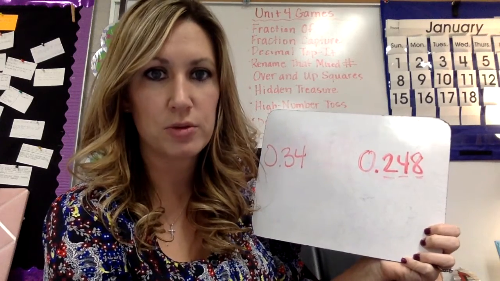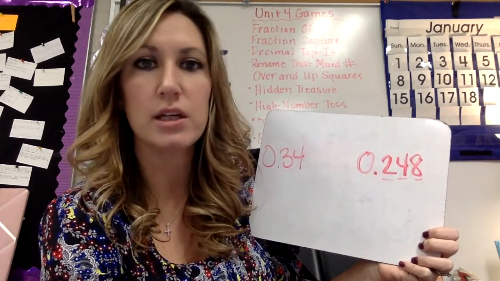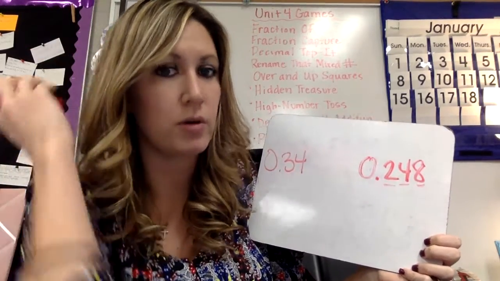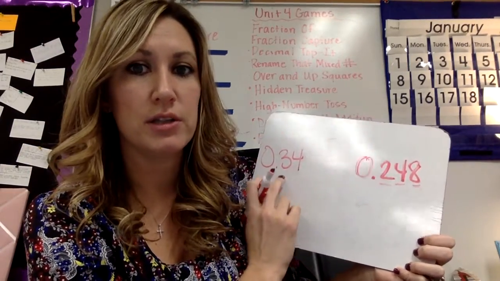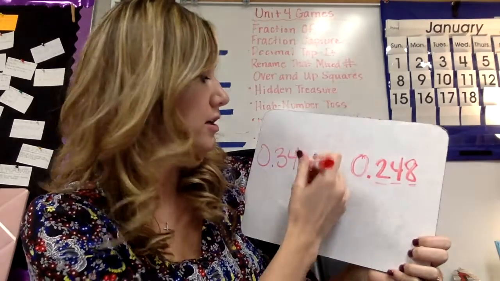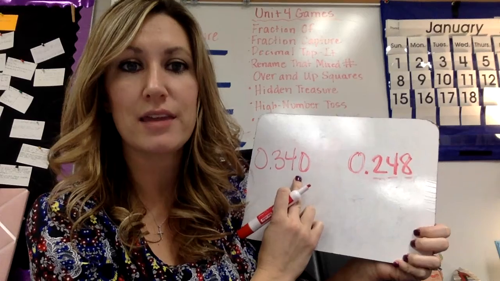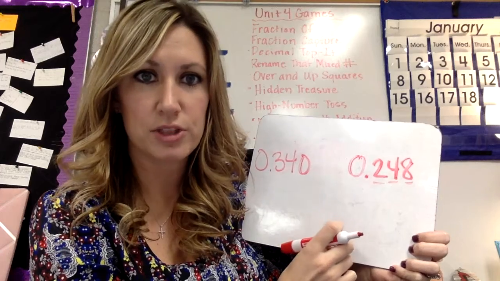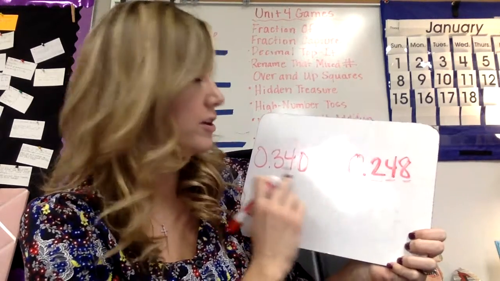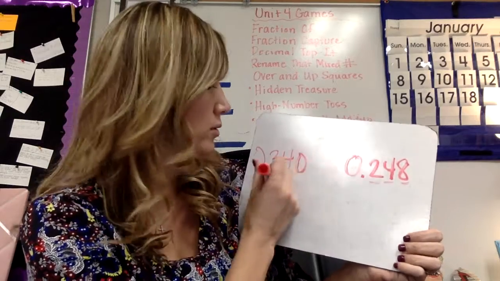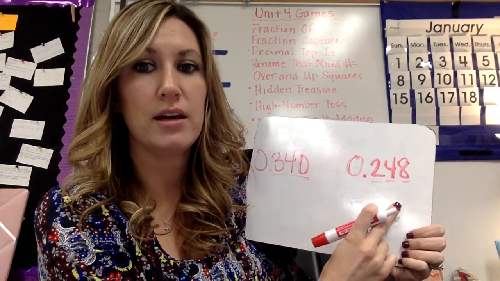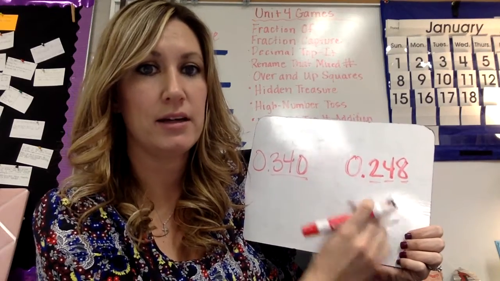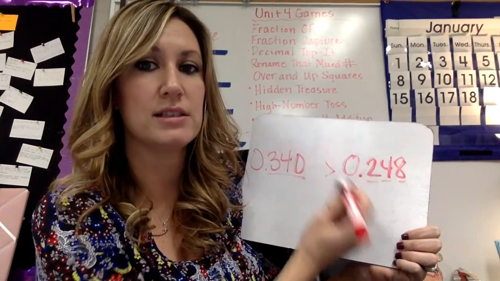But don't let that confuse you, because in the last lesson we also talked about how 34 hundredths, so this would be 34 of the 100 squares, could also be 340 thousandths, so 340 of our 1,000 small rectangles shaded in if we're on a thousandths grid. So if we looked at it this way and added that 0, really 340 is bigger than 248 as a number. So 340 thousandths is actually bigger than 248 thousandths. So keep that in mind.